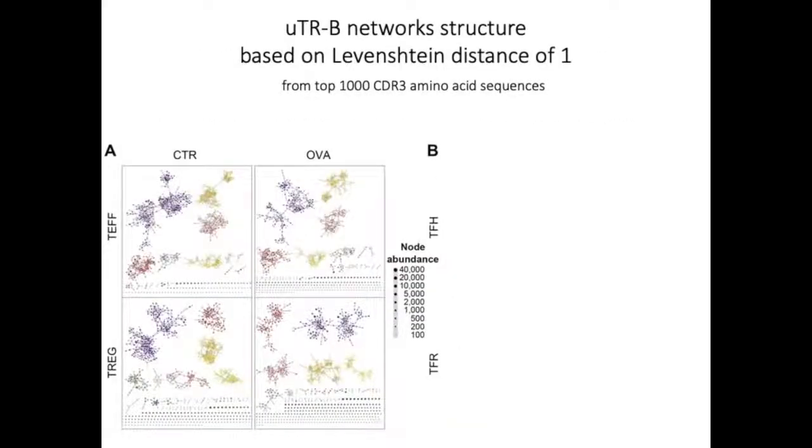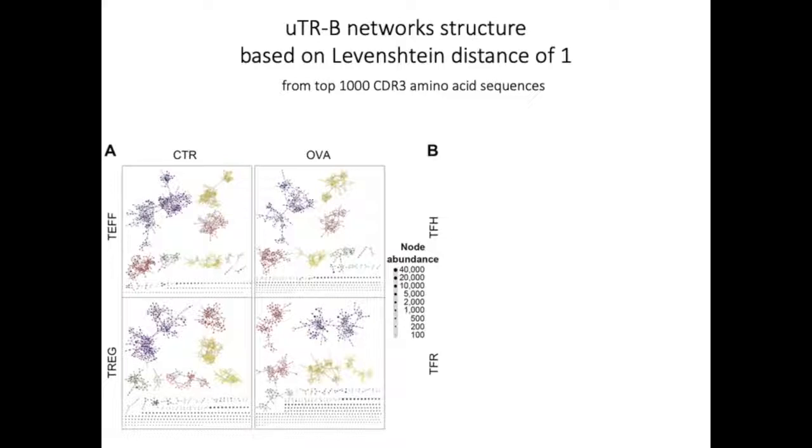So that was where we were when we decided to move to a different type of analysis. We thought that maybe we could use the notion that TCRs with very close sequences are more likely to have the same specificity.